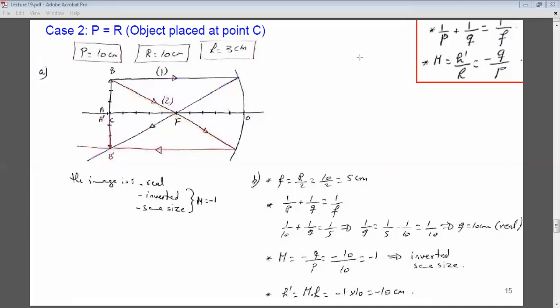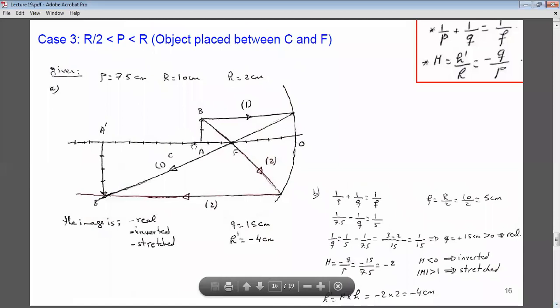Let's do the third case. If I place the object between F and C, that is P is between R and R over 2. So this is my object AB. Notice here, again, I will draw the rays.